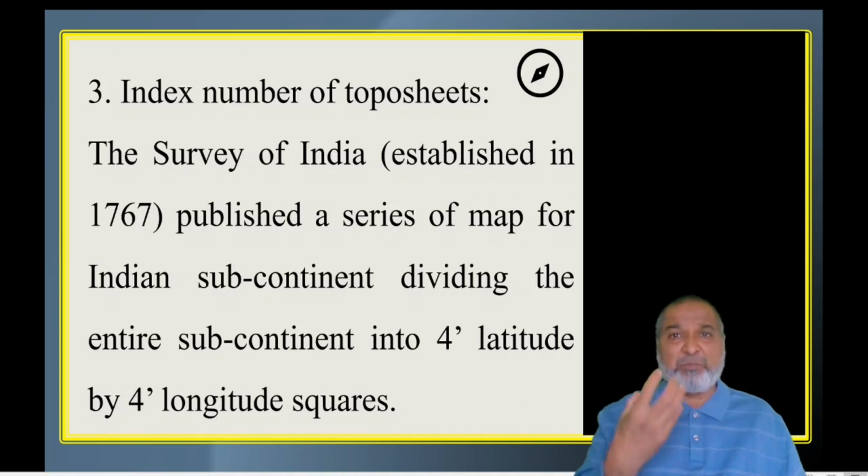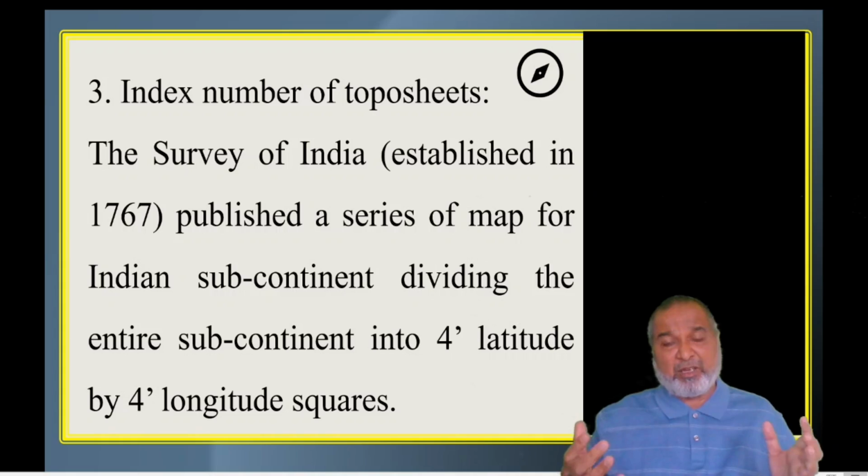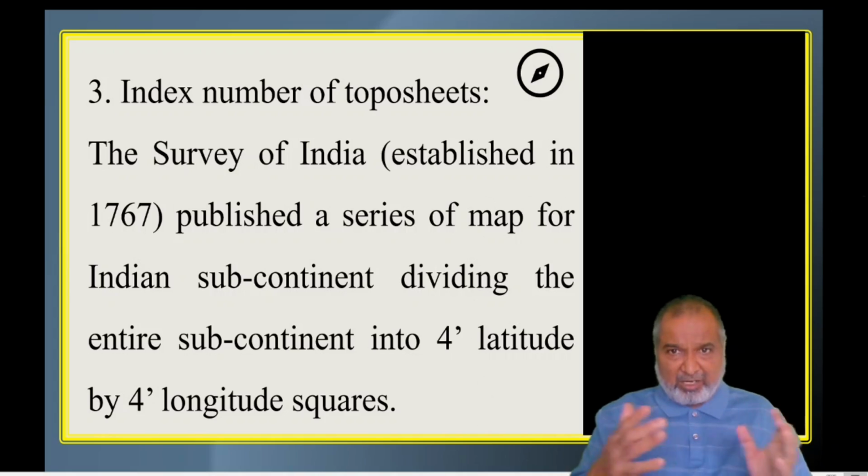Yes, everything has been indexed and marked, and this is the Survey of India. This is one of the important departments of the Government of India, which regularly publishes series of maps, updating that particular terrain.